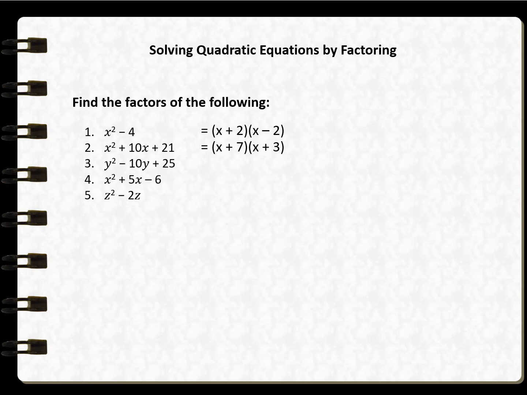And number 3, the factors are the quantity y minus 5 times y minus 5 or y minus 5 raised to 2. In number 4, we have x plus 6 times the quantity x minus 1. And then number 5, if we are going to factor z squared minus 2z, the result would be z times the quantity z minus 2.